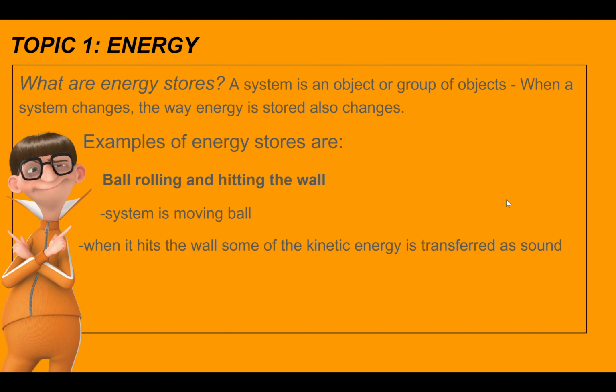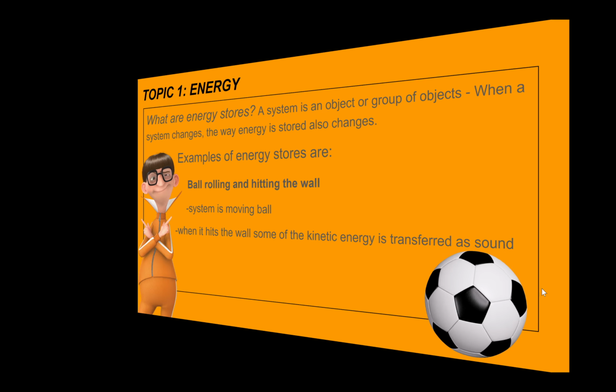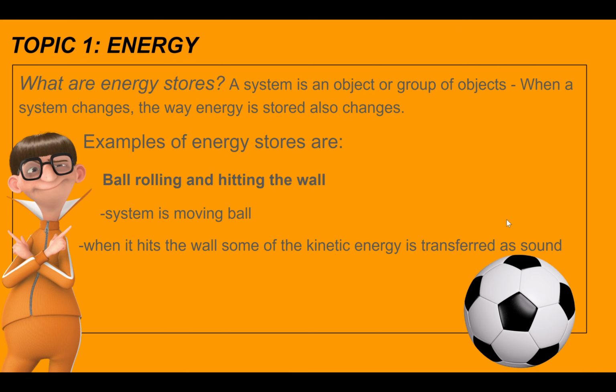What are energy stores? A system is an object or group of objects. When a system changes, the way energy is stored also changes. Examples of energy stores are a ball rolling and hitting the wall. The system is the moving ball. When it hits the wall, some of the kinetic energy is transferred as sound.